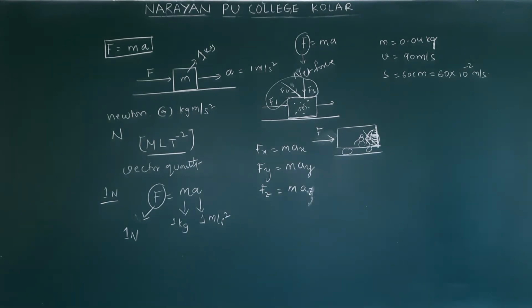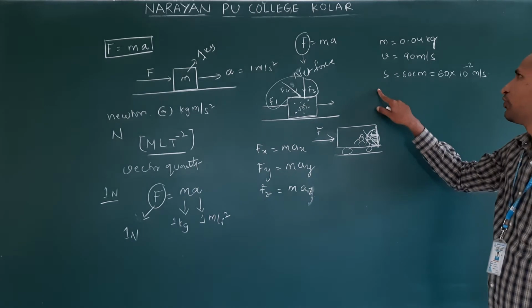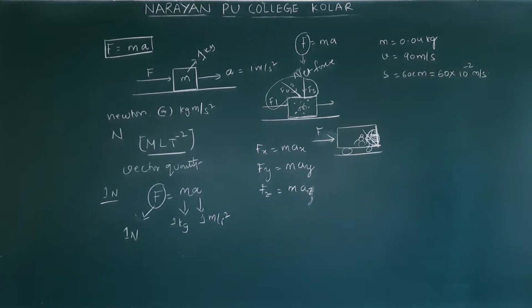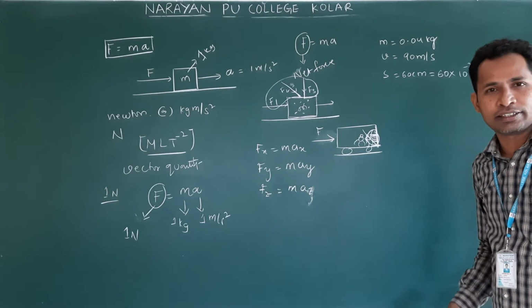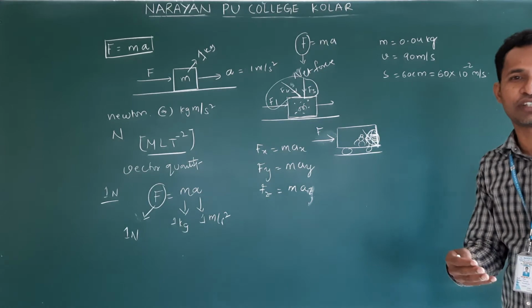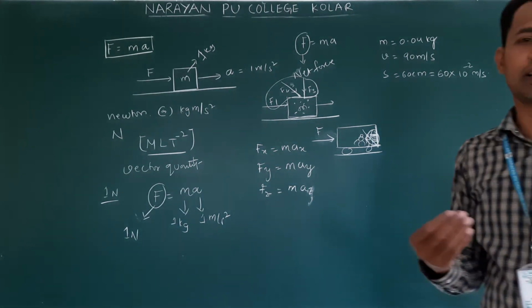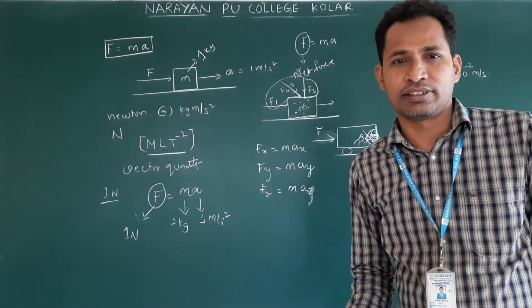So whenever we solve problems, all physical quantities we will take in SI units. In the questions, to check our ability, they will give some physical quantities in SI units, some in CGS units.